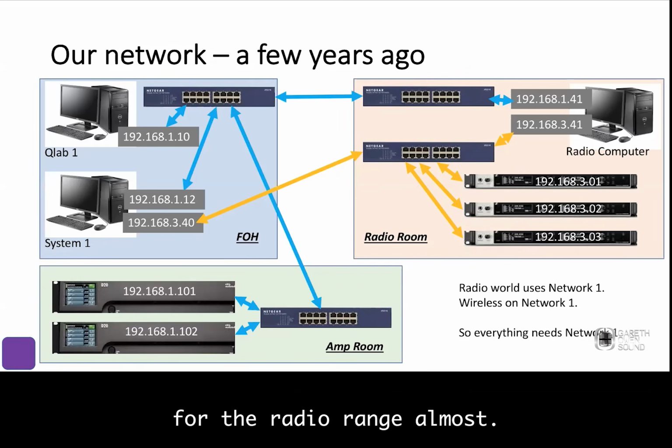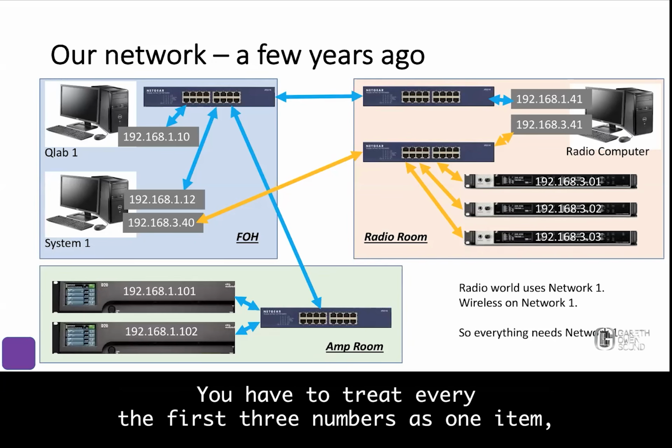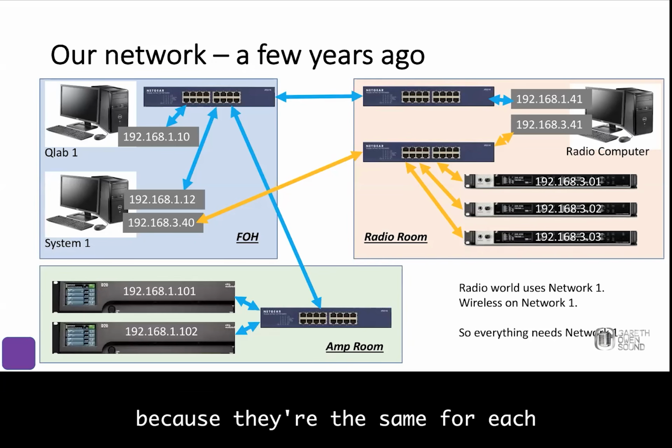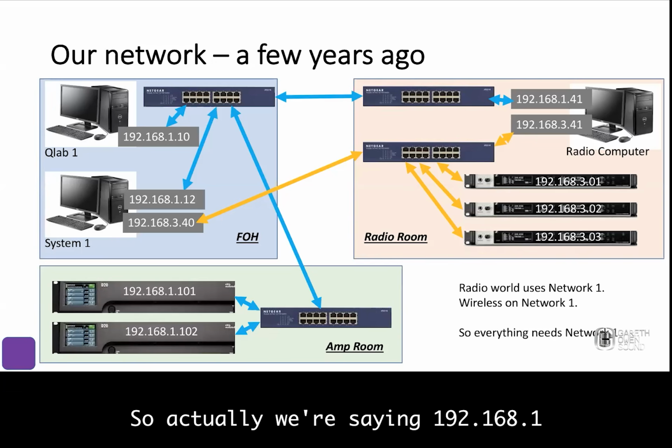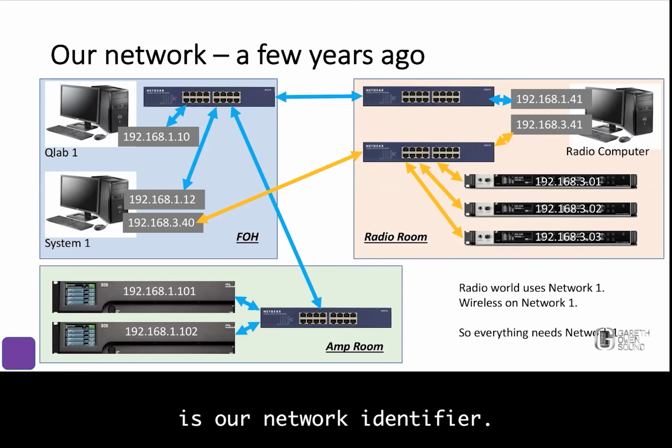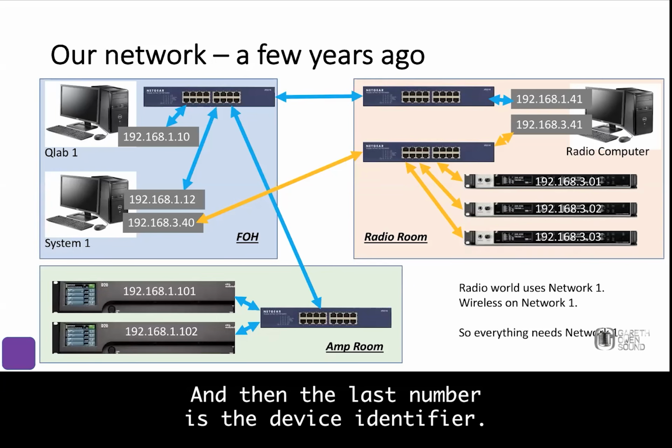Almost. You have to treat the first three numbers as one item because they're the same for each individual network. So actually we're saying 192.168.1 is our network identifier. And then the last number is the device identifier.